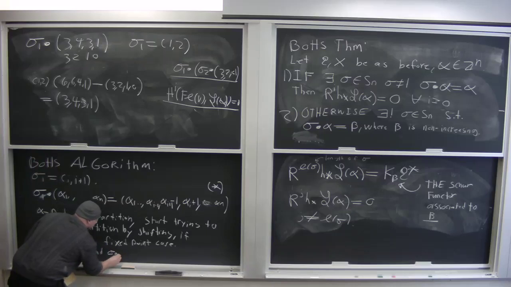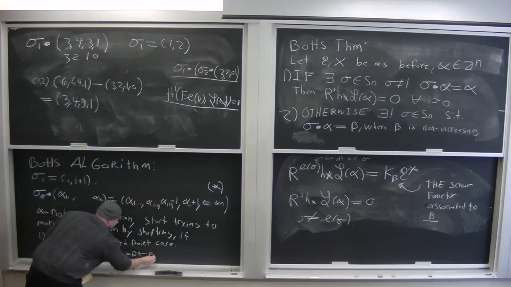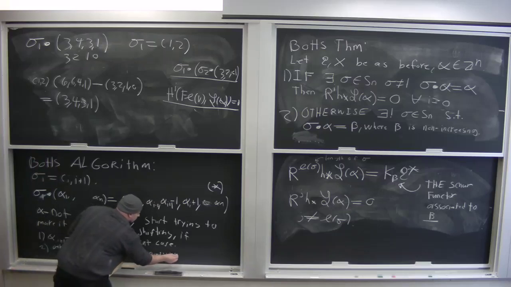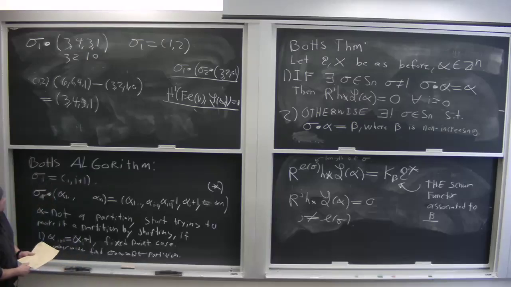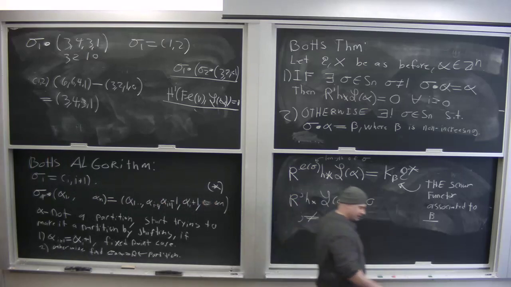Otherwise you find sigma bullet of alpha equals beta. This is the partition. So this is kind of his idea of how you actually do this. You start applying these transpositions and you try to turn it into a partition, and in doing so, you calculate the length.